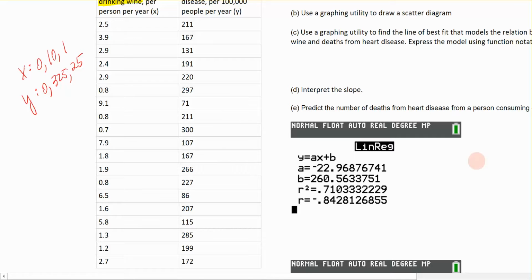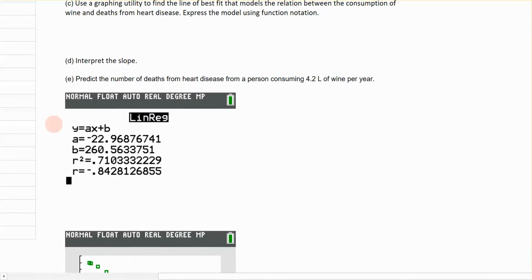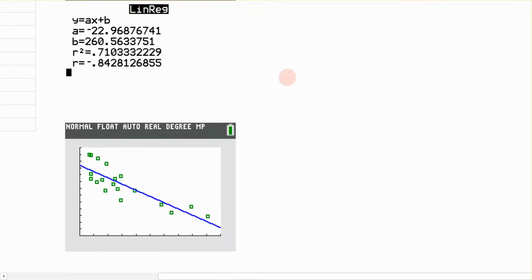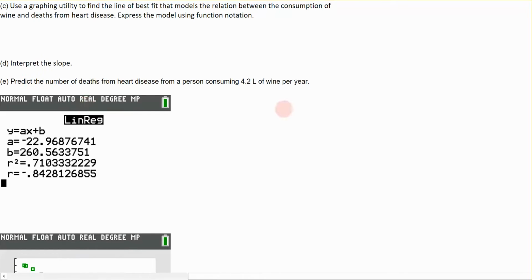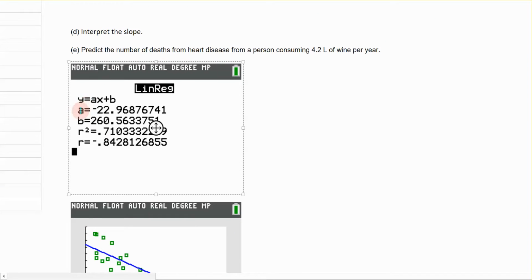So we've done a couple of things here, and we've created the line of best fit, and we also graphed it so we can see that here. Now let's talk about the line of best fit also and write it in its function notation. So remember that A is going to be this portion and B is going to be this portion.